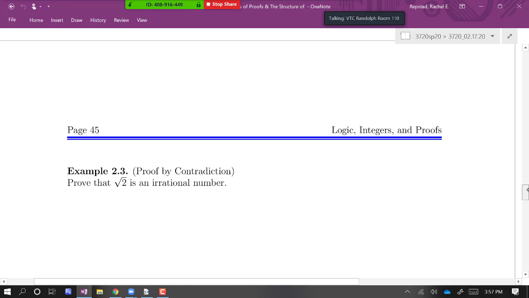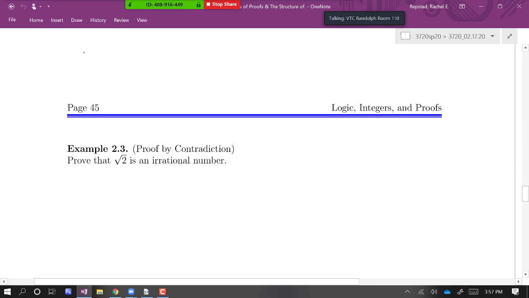So first, here's a little background, this will be important. A rational number, the root word in rational is ratio.